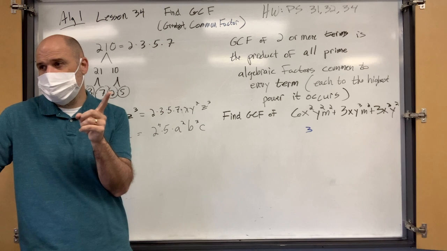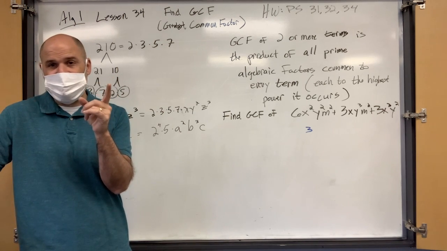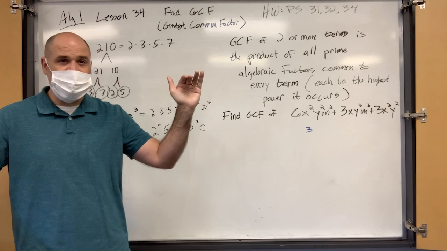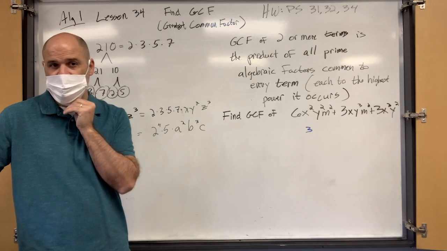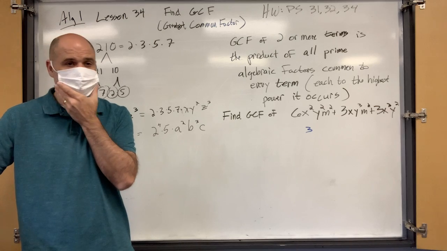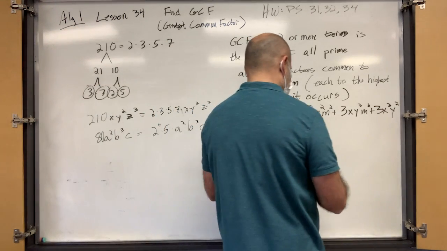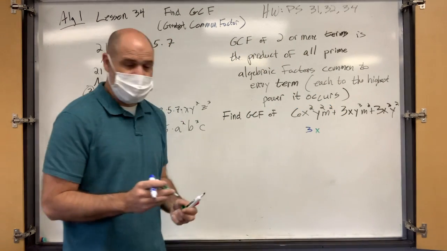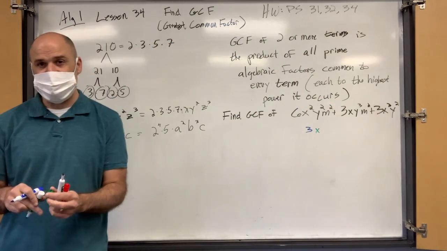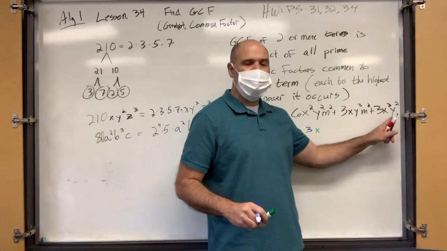That's right. Okay? So when you're looking for the greatest common factor of the literal factors, all you're doing is looking for the smallest exponent. And if you don't see an exponent, then it's just 1. Okay? So they have 1 X in common. What about Y's? How many Y's do they have in common? 2. This is Y squared, this is Y cubed, this is Y squared.